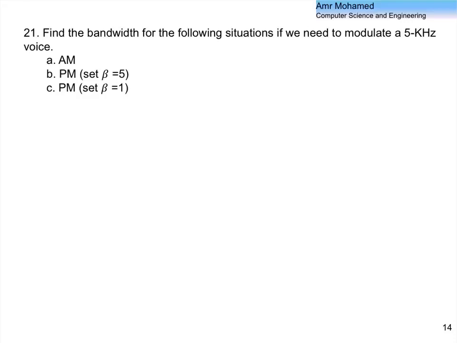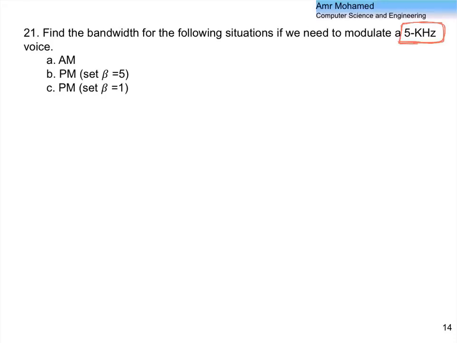The last exercise is for analog modulation. The exercise asks to find the bandwidth for the following situations if we need to modulate a 5 kilohertz voice. So remember, for analog modulation, the signal is characterized not by the bit rate or the signal rate, it's characterized by the bandwidth itself of this analog signal.